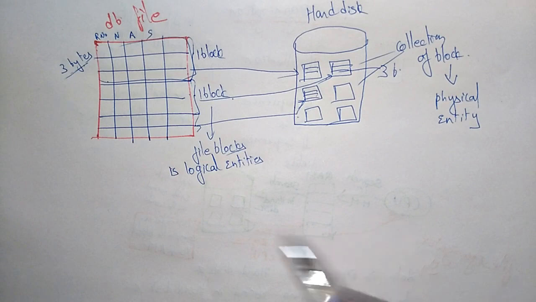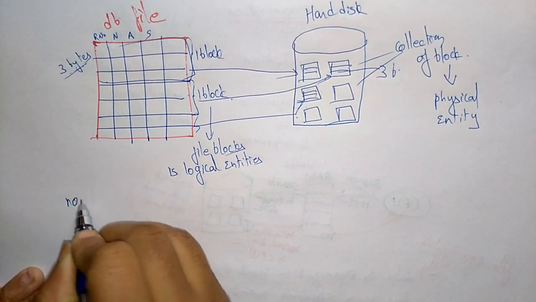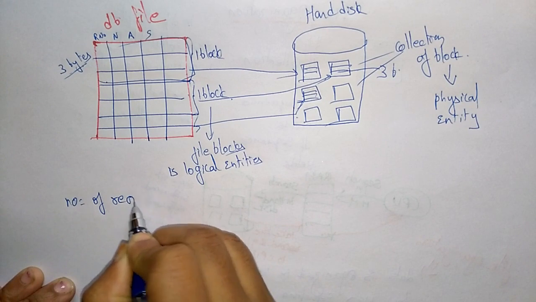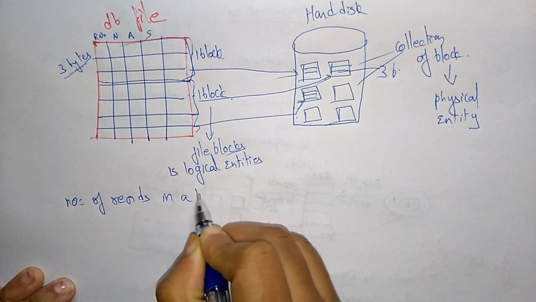Let us see the number of records in a block.